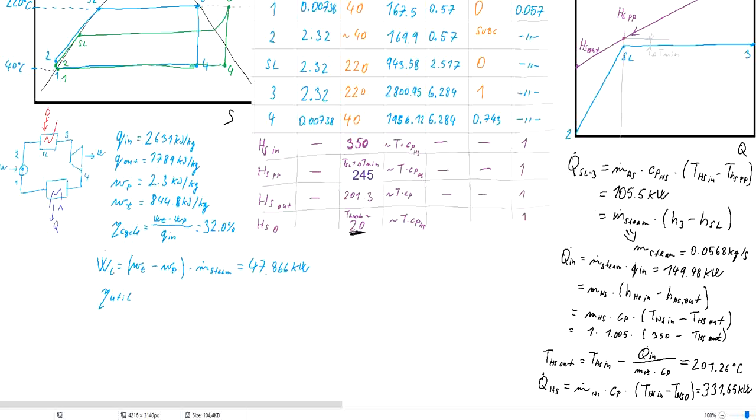And now the utilization efficiency is the work of the cycle, in capital, the absolute value, divided by the heat source heat content. So it would be the Q heat source.